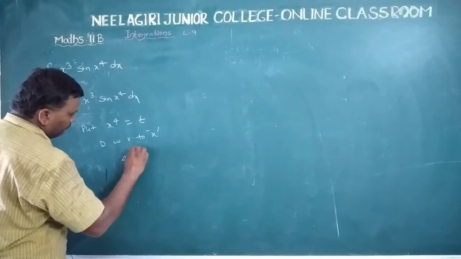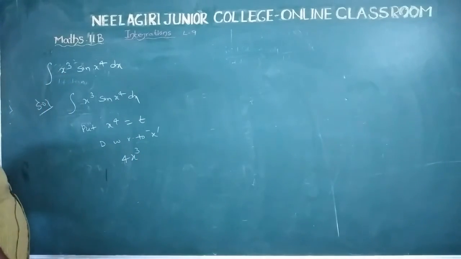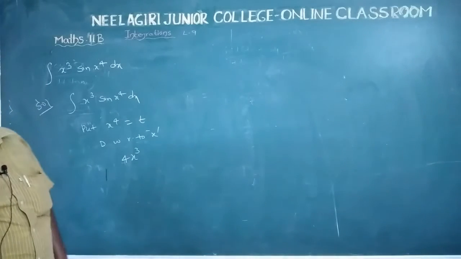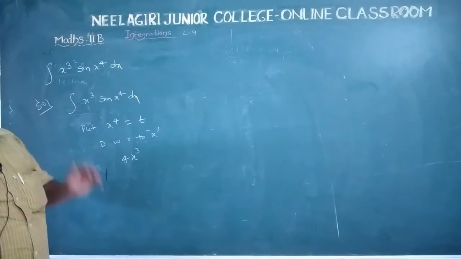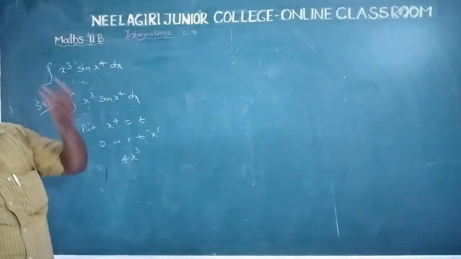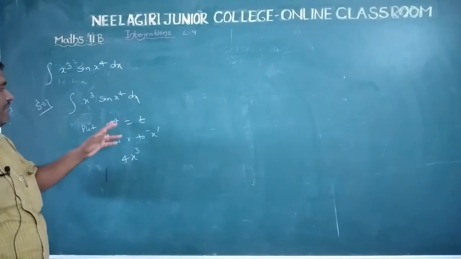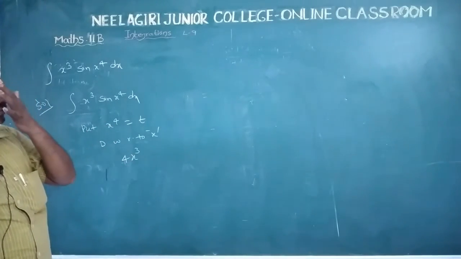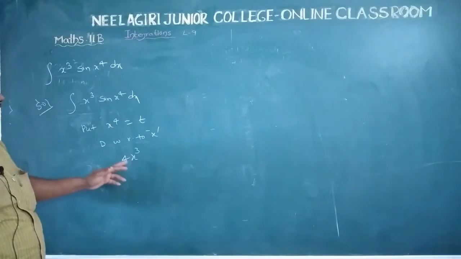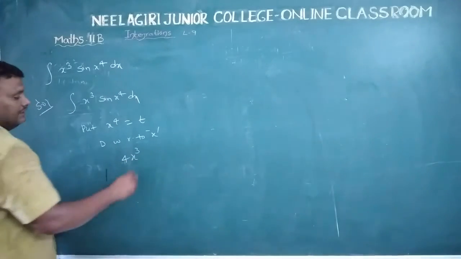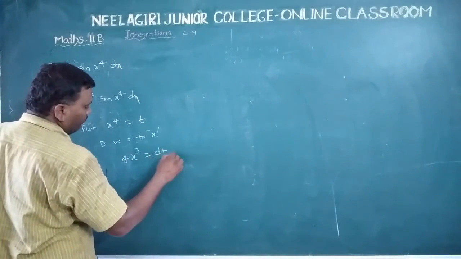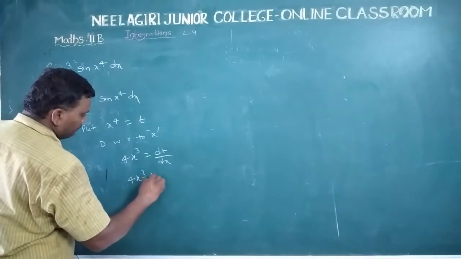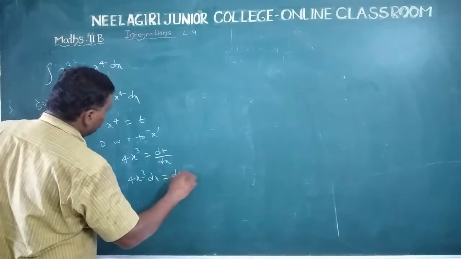4 into x cube. This is the formula of d by dx of x power n. What is the derivative of x power n? n into x power n minus 1. With n equal to 4, it is 4 into x power 4 minus 1, nothing but 3, so 4x cube. t is the dependent variable, so dt by dx is 4x cube, and 4x cube dx is equal to dt.